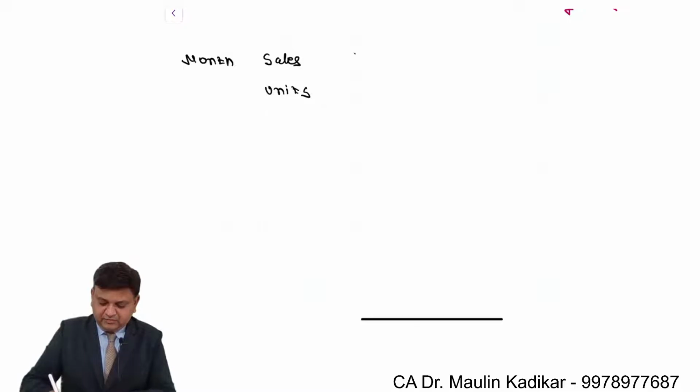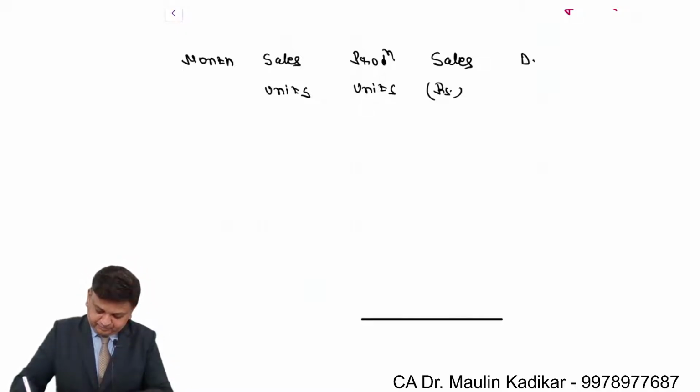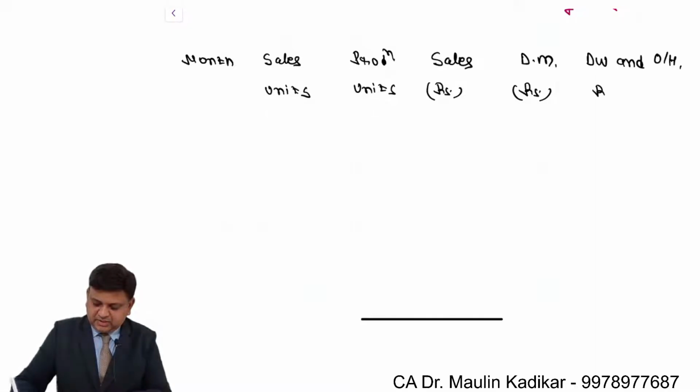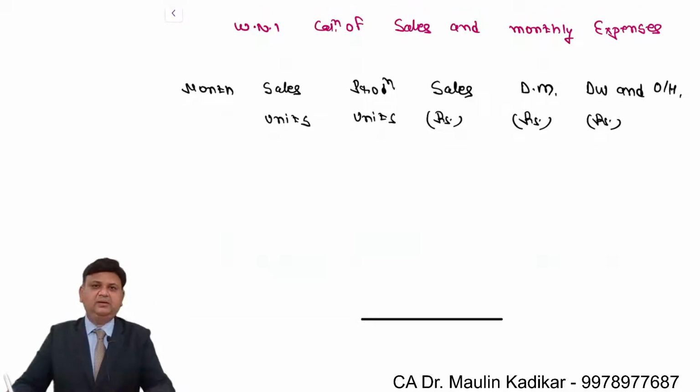Then we'll have the production again in terms of number of units. Then the sales in rupees term. Cost of direct material in rupees term. Direct wages and overhead, it is in rupees term. That is the way we are supposed to prepare.